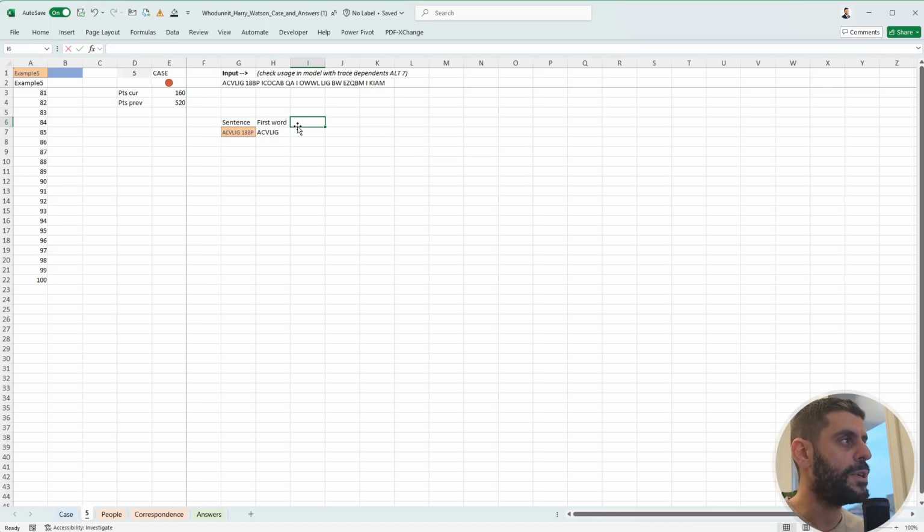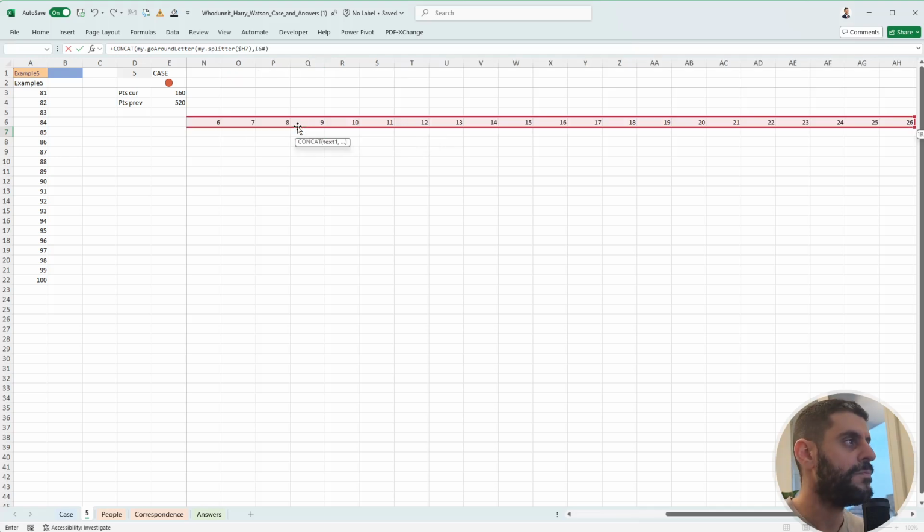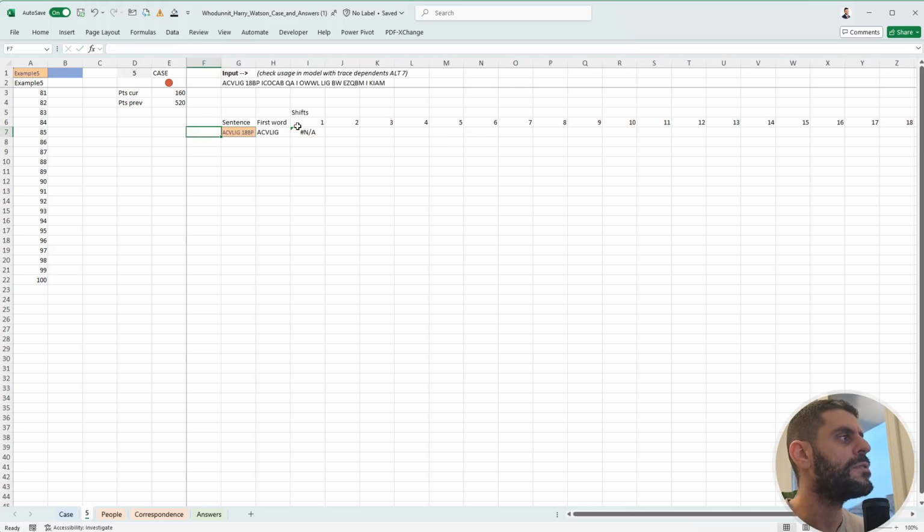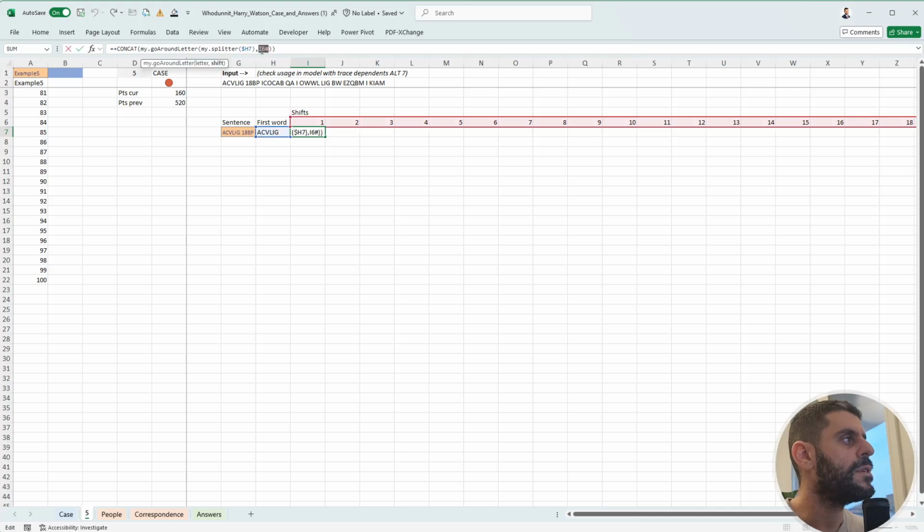What we can do is build a sequence of 26 shifts, and shift this word accordingly. So it will be again the CONCAT of the go around letter of the splitter of this, lock the column over the possible shifts, and that's pretty much it. That's very interesting.